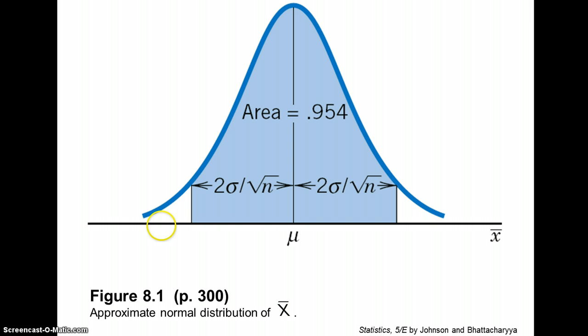But what we can get is only the sample average. We know from the picture we're 95.4% sure that the average is going to fall into this range, near the population mean. So it's not so far away from mu, and 95% sure is pretty good.